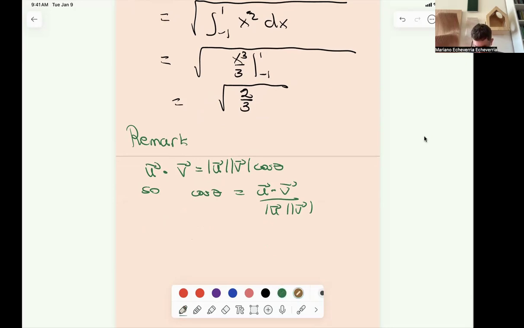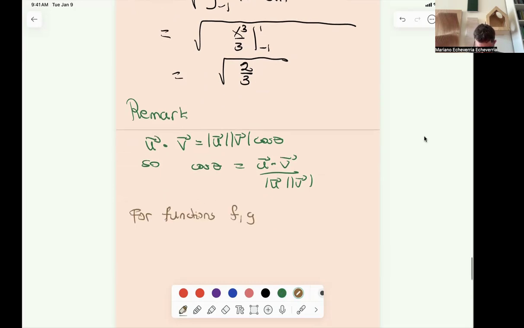So for functions f and g, the cosine of the angle between those two functions would be their dot product divided by the magnitudes. And this works.